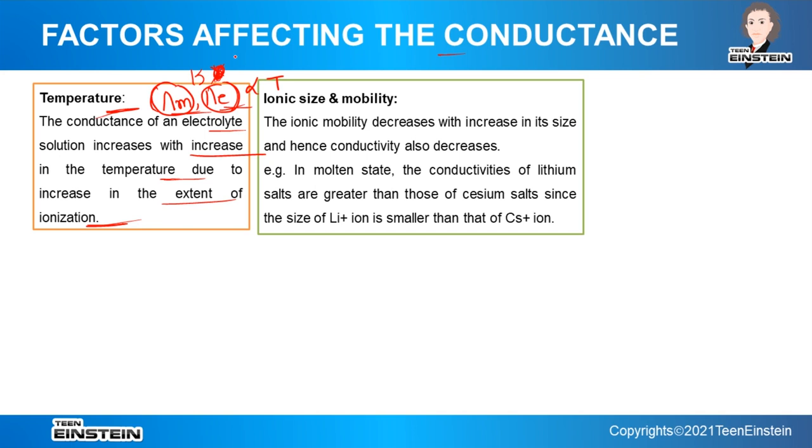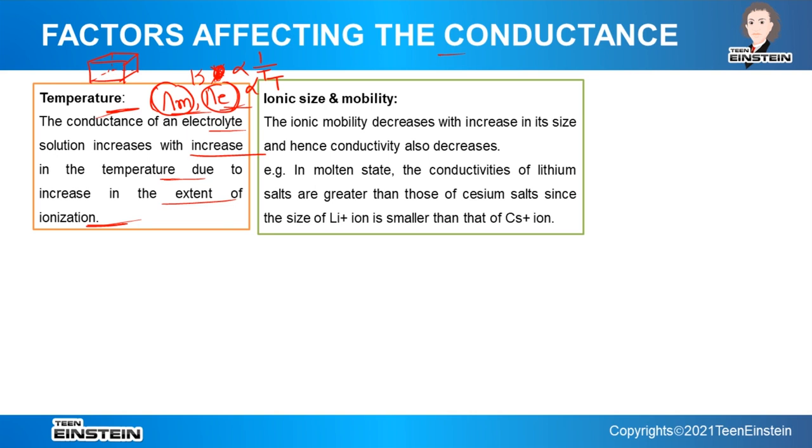It is actually decreasing with increase in temperature. Now why is it so? Because the volume is fixed and the number of ions is increasing, but as the space is fixed, mobility will not be as before.